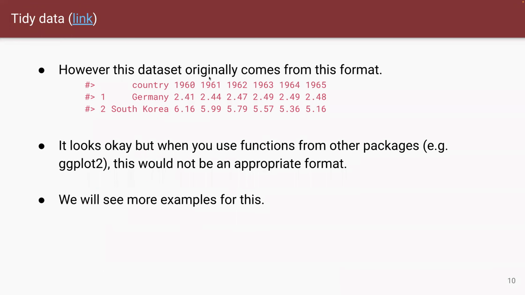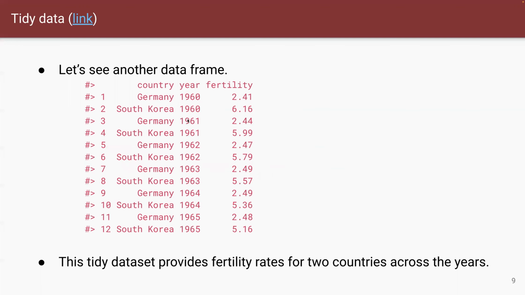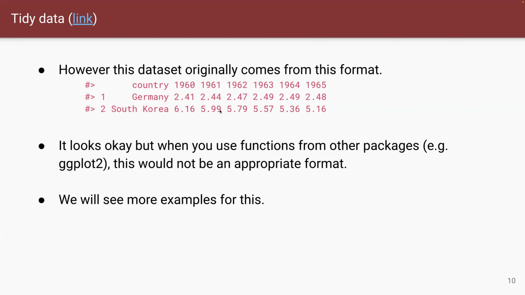This is the totally opposite pattern to what we see in this non-tidy data format, which we call the wide data format, right? So this is the long format and this is the wide format.